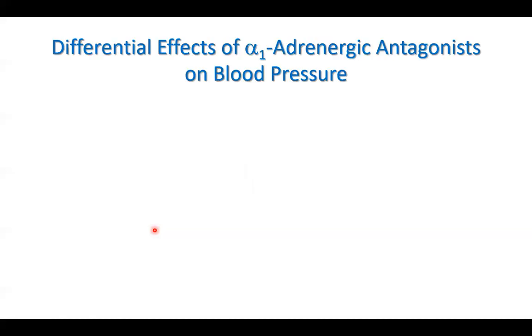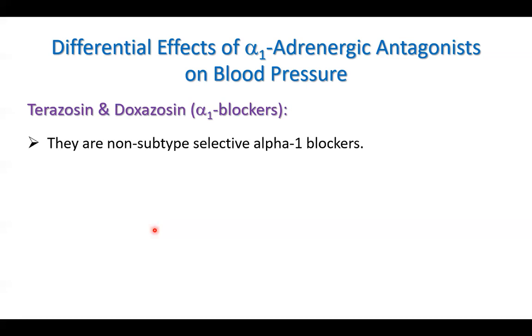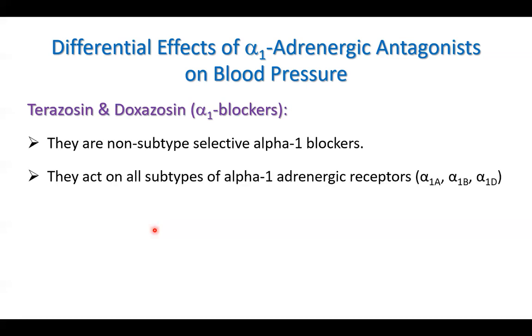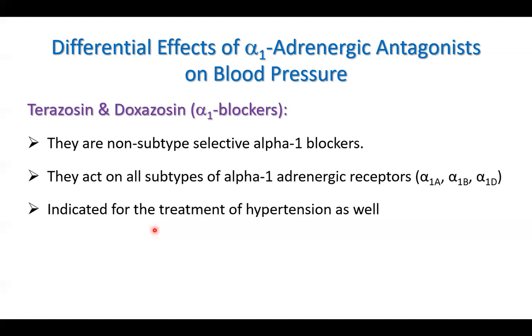And then about blood pressure, which we have just discussed. How do these alpha-1 adrenergic antagonists affect blood pressure? When we speak of non-subtype selective ones, like terazosin and doxazosin, they act on all subtypes of alpha-1 adrenergic receptors, like alpha-1 A, B, and D, and they are indicated for the treatment of hypertension as well.